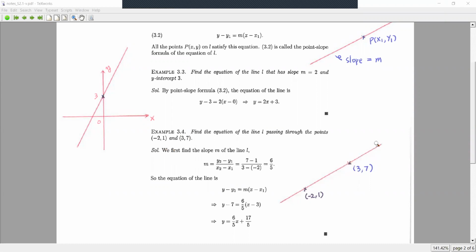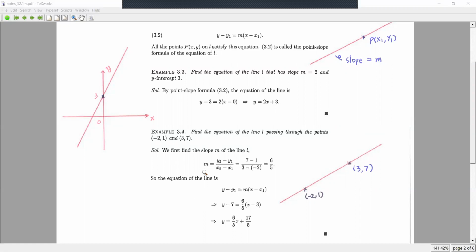To write down the equation, we need to know the slope of the line and one point on the line. We are given 2 points, so one point on the line is not a problem. The problem is we need to determine the slope of the line.